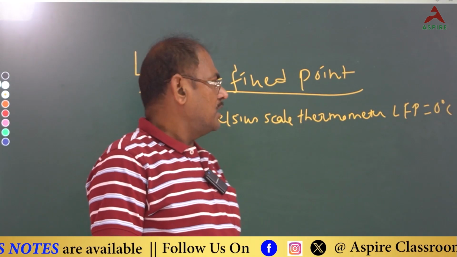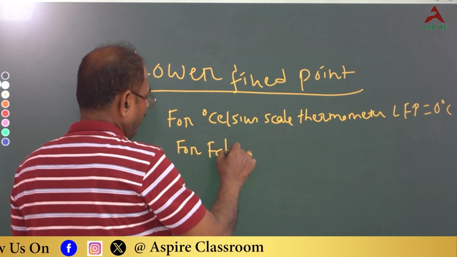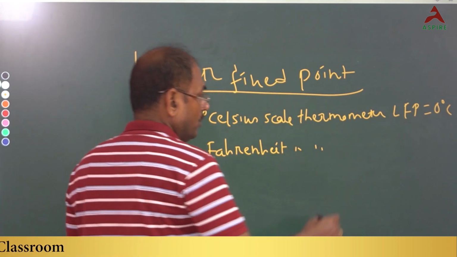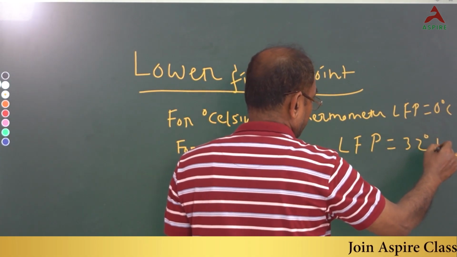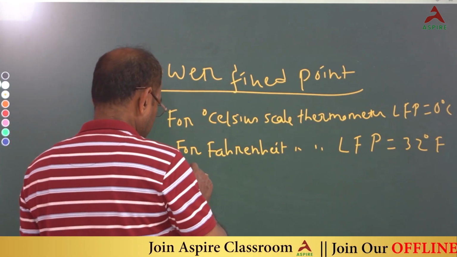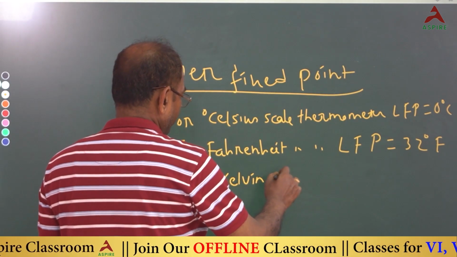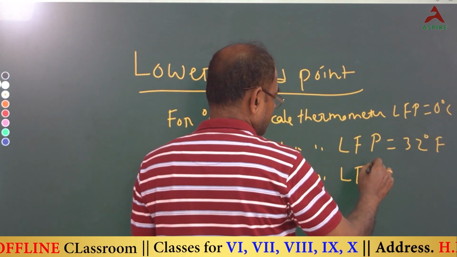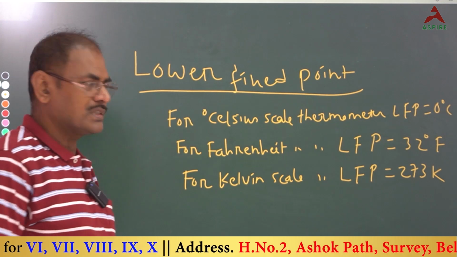Clear? For the Fahrenheit scale thermometer, the LFP, the lower fixed point, is 32 degree Fahrenheit. For the Kelvin scale thermometer, the lower fixed point is 273 Kelvin. That's clear?